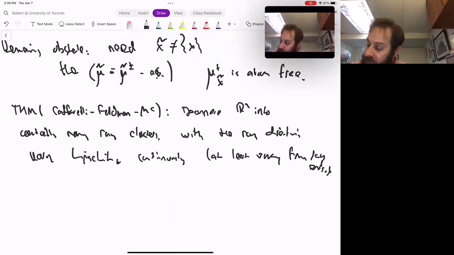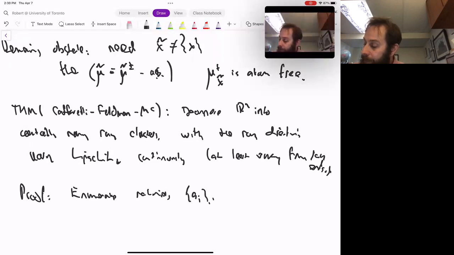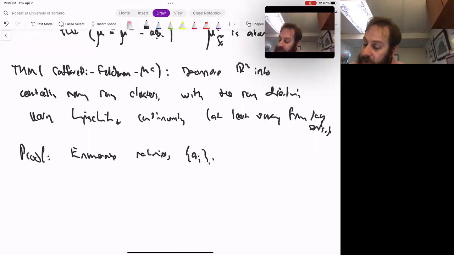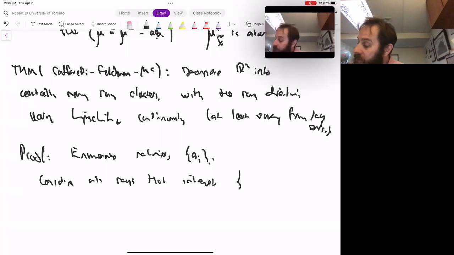So let me say how the proof works. You enumerate the rationals, and then you consider all rays that intersect the set u(x) = q_i in their middle third.